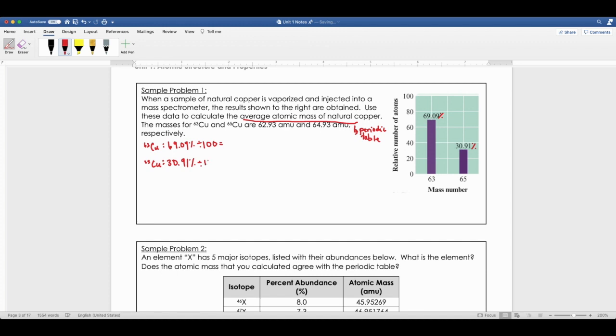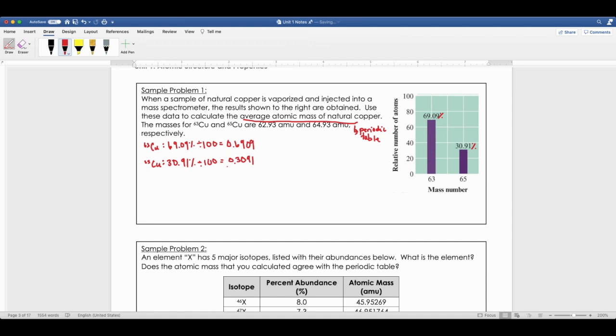And you don't have to write this step out like I am here, but I'm just in that zone. I've been doing this for a long time. 0.6909. So I just divided both of these percents by 100 just to get them to fraction form.